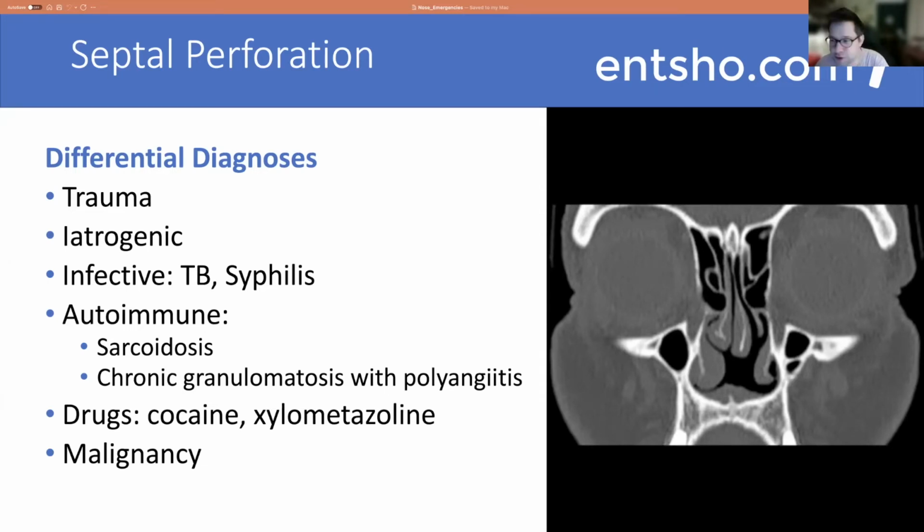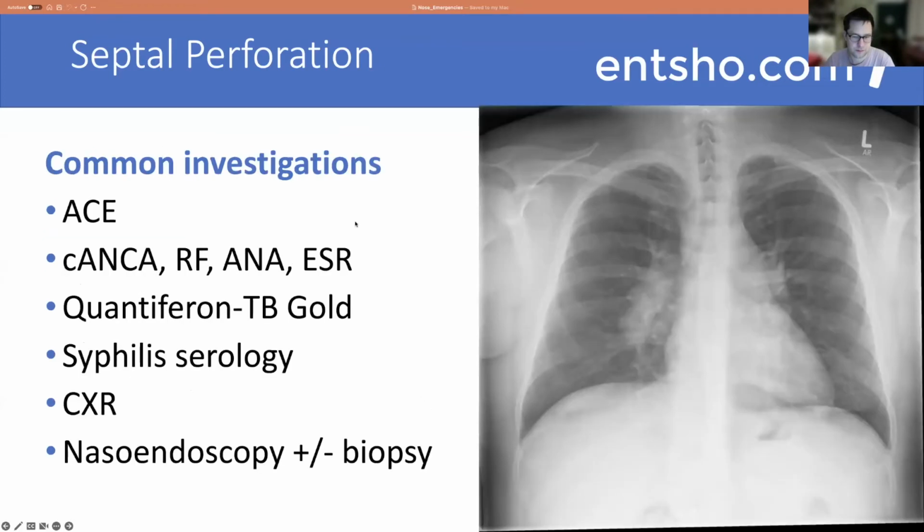Of course, the large majority are idiopathic and we don't find a cause. But it can be a presentation of serious disease like vasculitis or even a local malignancy. So it's important to rule out any of those causes before it's attributed to being idiopathic. Investigations really are targeted to the causes as you see them.